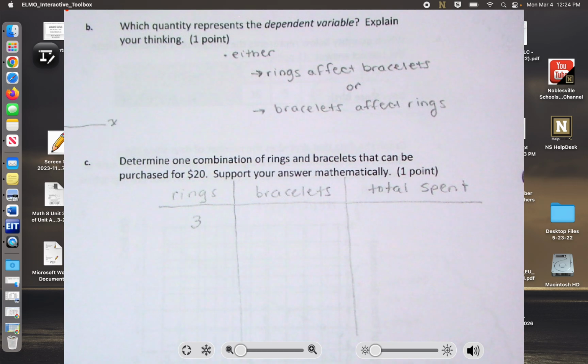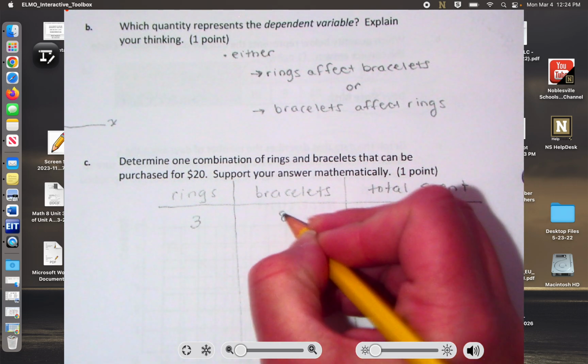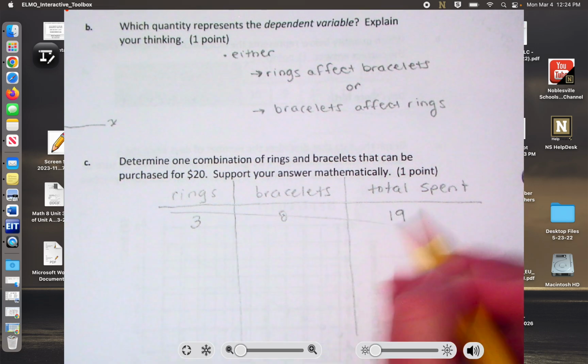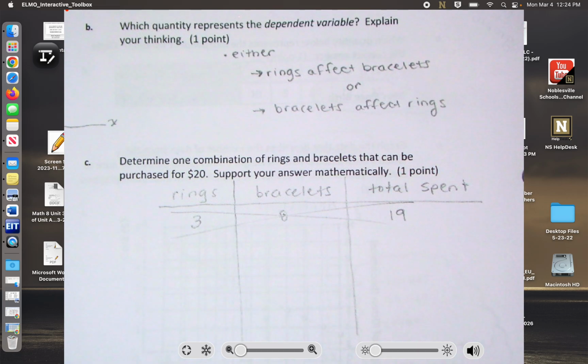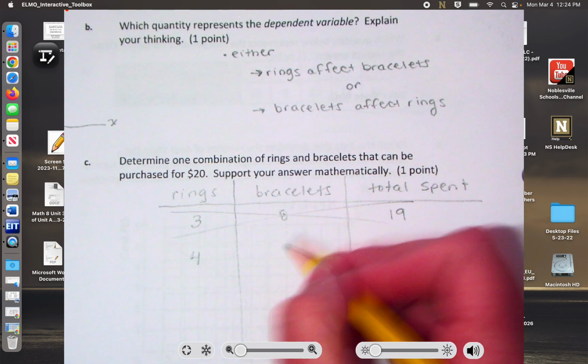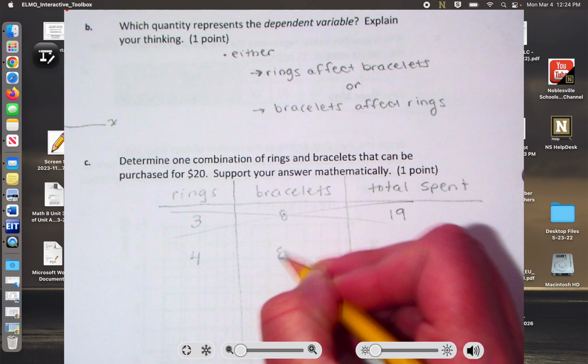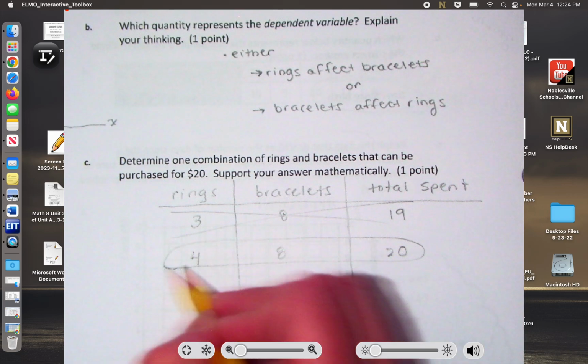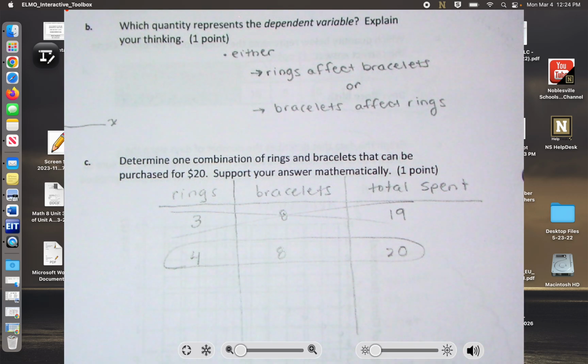I only have $17 left. I can only buy 8 bracelets, but that's going to get me to 19. So that's not an option, right? So then maybe I try 4 rings. Then I can buy 8 bracelets, and that equals 20. So that could be an option, right?